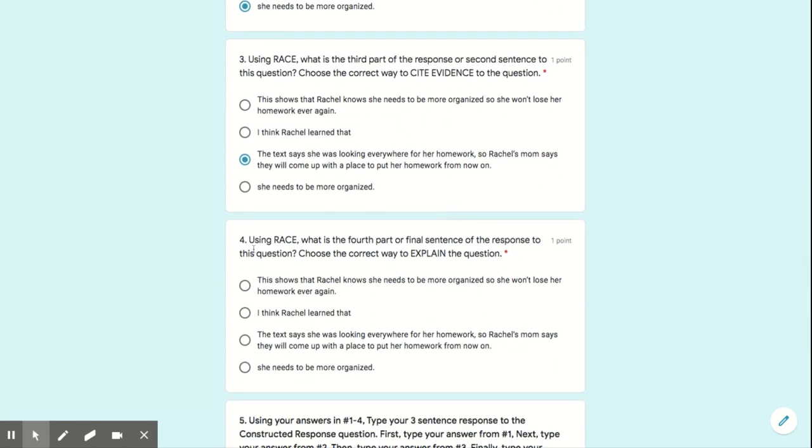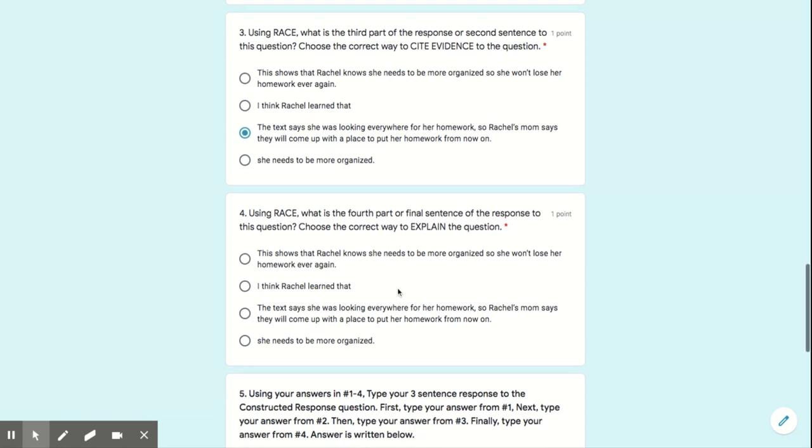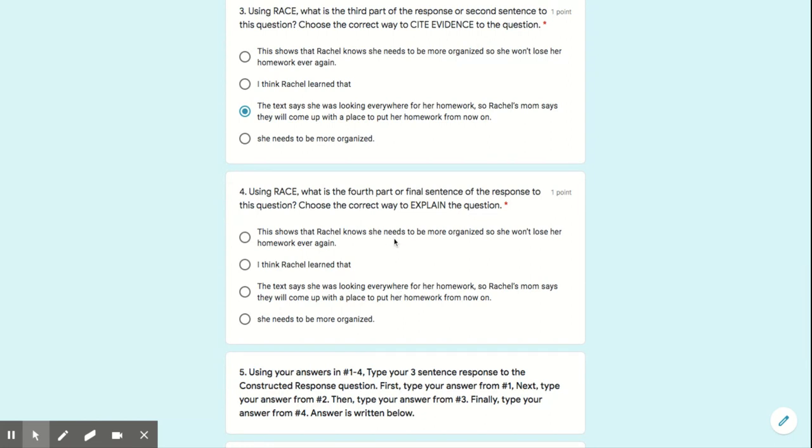Number 4, use RACE. What is the fourth part, or final sentence, of the response to this question? Choose the correct way to explain the question. So remember, we're just going a little bit more into detail. We're saying how that piece of evidence we just gave supports that our answer was that she learned how to be more organized. So I'm only left with one option, but I'm not just going to click it.